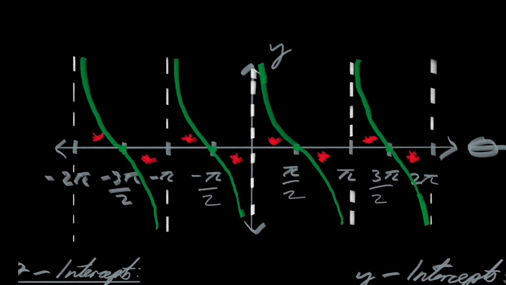So we understand the graph of the cotangent of theta pretty well. If you just focus on one of these cotangent lines and understand why it behaves that way, those are pretty much the same reasons why the rest of them behave that way.